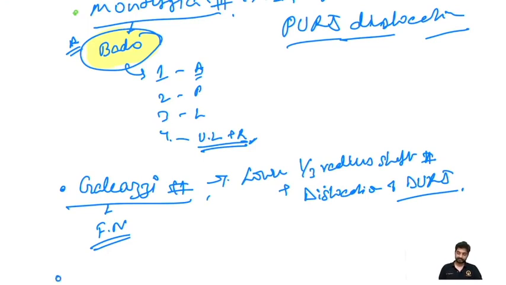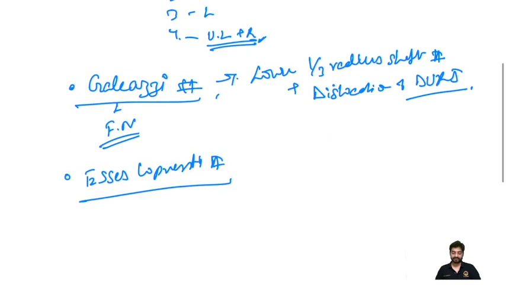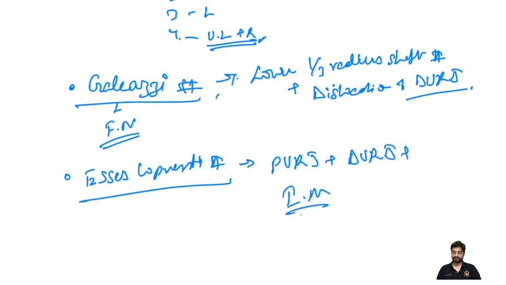Similarly, the third point is the Essex-Lopresti fracture. So what do you mean by Essex-Lopresti fracture? It means there is a disruption of the PRUJ plus DRUJ plus the interosseous membrane.